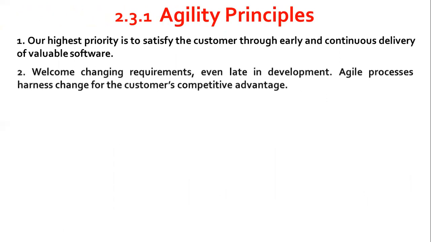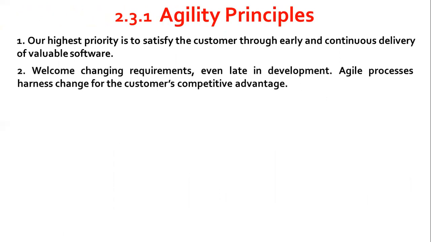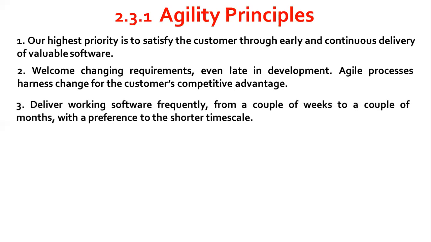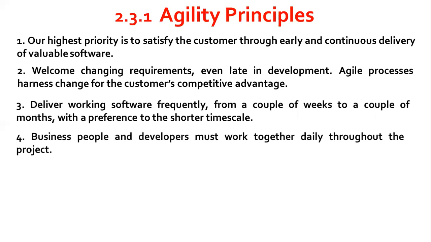The second principle, welcome changing requirements even late in the development so that the Agile process harnesses change for the customer's competitive advantage. And we need to deliver working software frequently, from a couple of weeks to a couple of months, with a preference to the shorter time scale. And business people and developers must work together daily throughout the project.